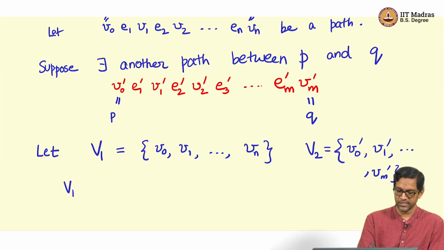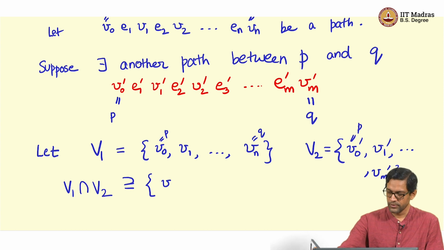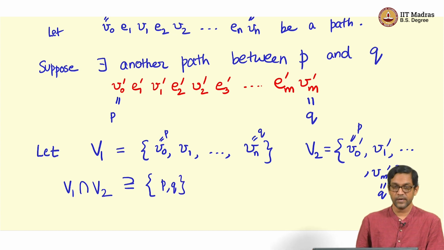So what can we say about the intersection of these two sets of vertices? Well, as a set, it certainly contains P and Q. So let us just say this contains the set {P, Q}, but it could contain more.